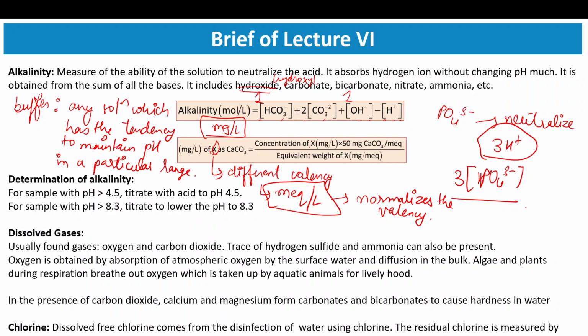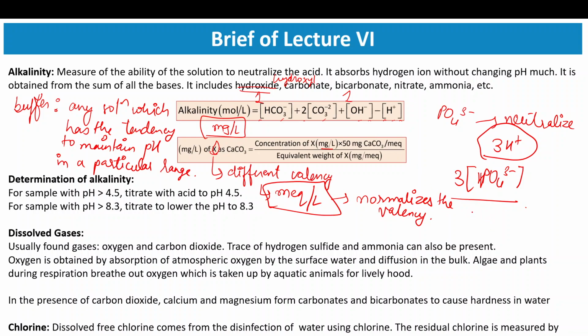Here again we are doing the same thing. We are converting this concentration in milligrams per liter into equivalent concentration, milli equivalent per liter, by dividing it with the equivalent weight of that particular X, which is any anion, and multiplying by 50, which is 50 milligrams of calcium carbonate present in 1 milli equivalent, right?